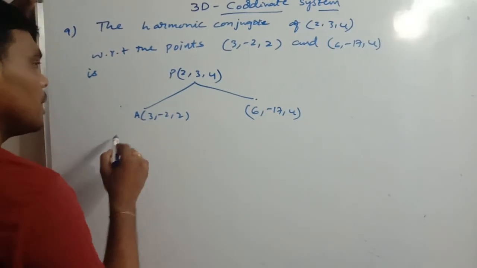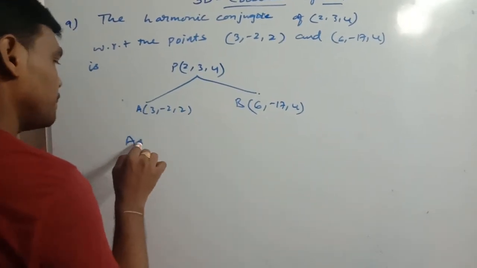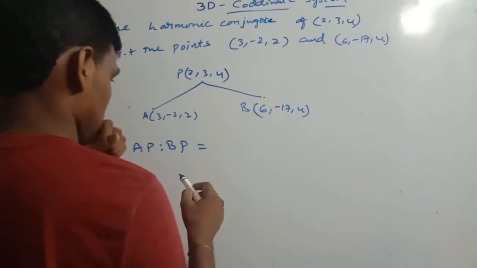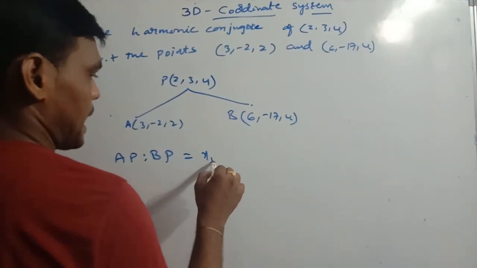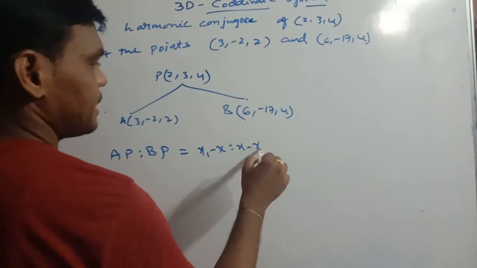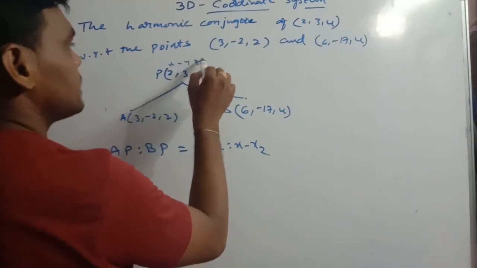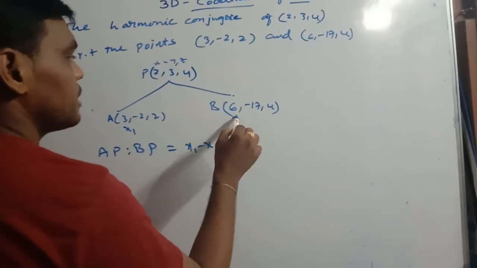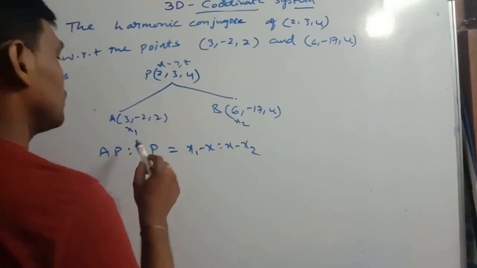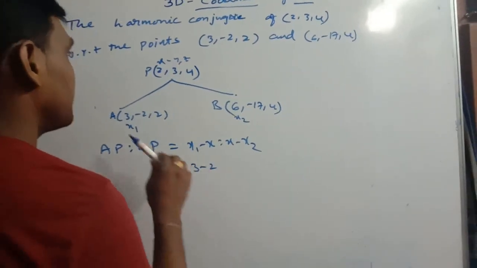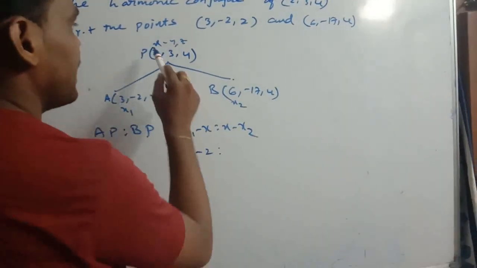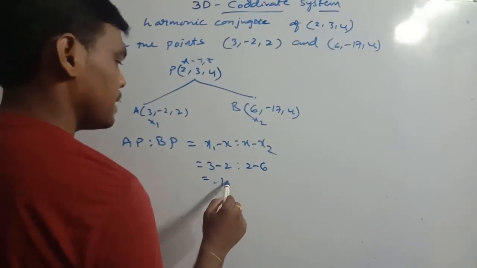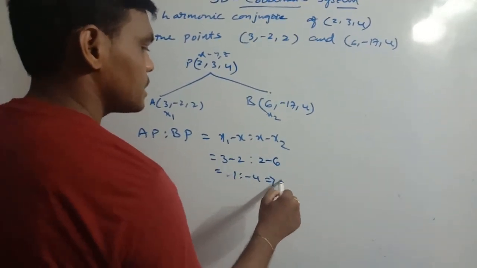Now here AP is to BP in the ratio x1 - x is to x - x2. This is point (x, y, z), A is the point (x1, y1, z1) and B is the point (x2, y2, z2). Now here 3 - 2 is to 2 - 6, and this is 1 : 2 - 4, and that implies -1:4.